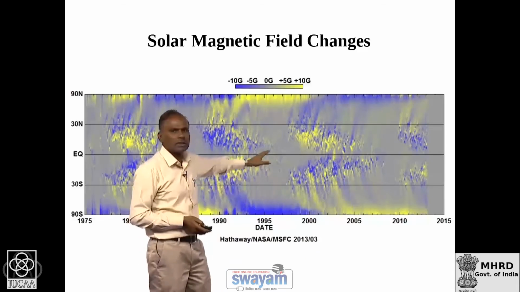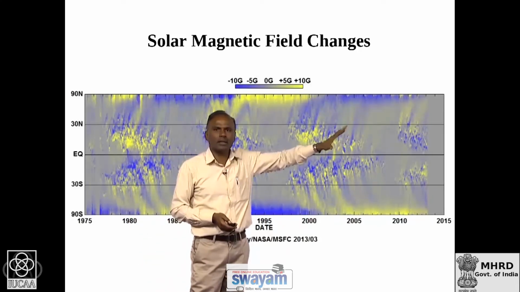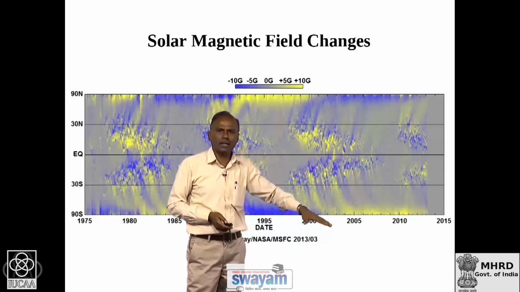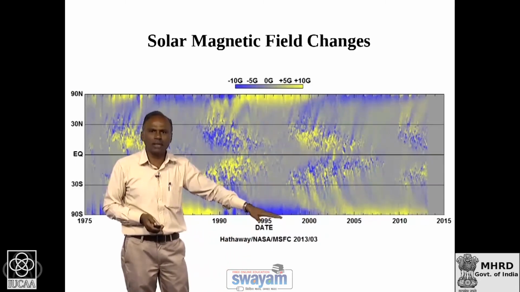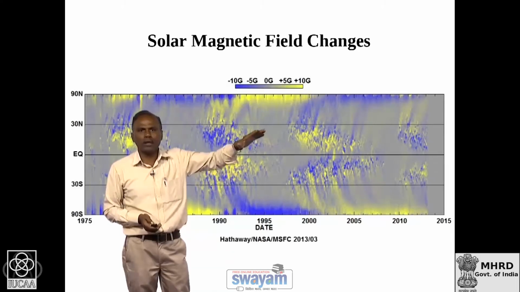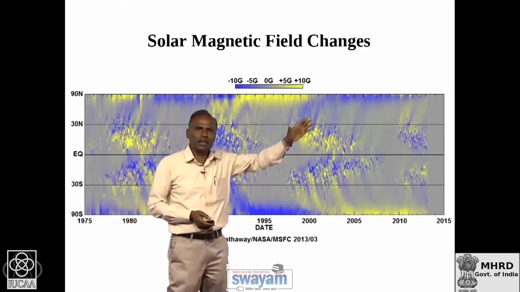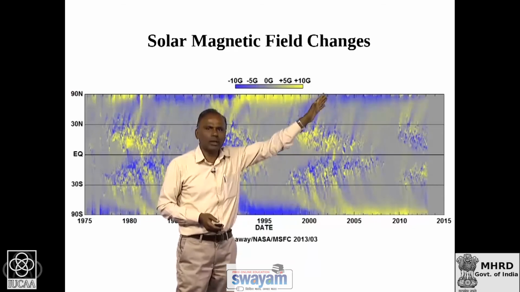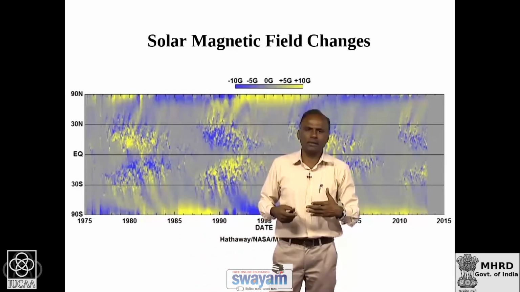Okay. So, this plot shows the magnetic field on the photosphere, how the blue magnetic field moves from one polar region to the other polar region. Similarly, the yellow moves from one polar region to the other polar region. So, the magnetic polarity reversal takes place.